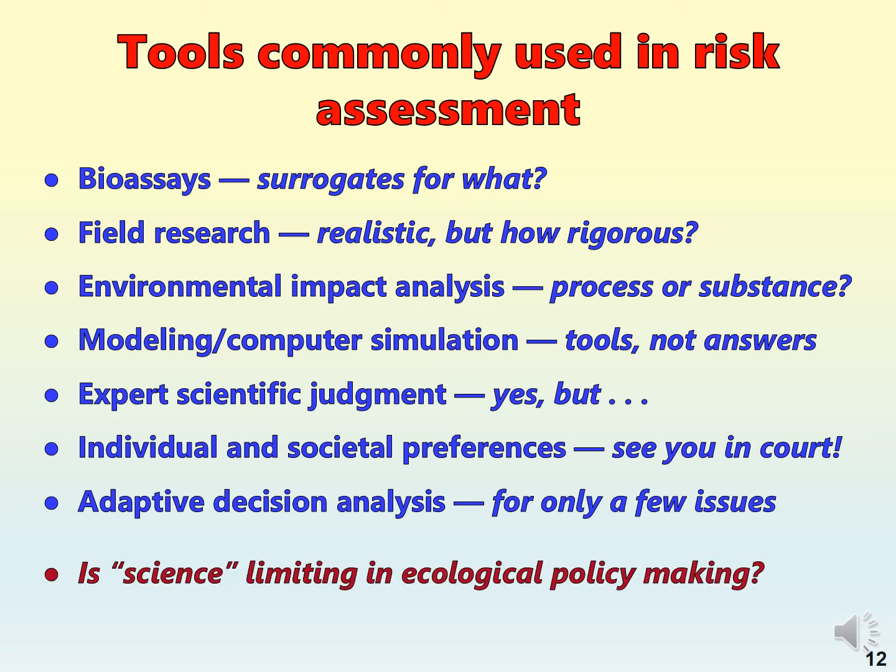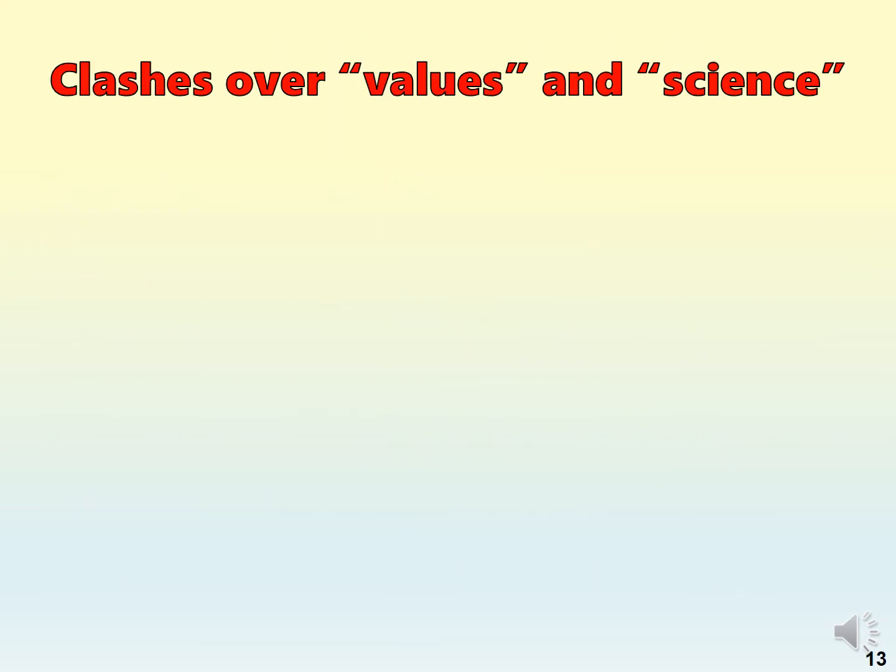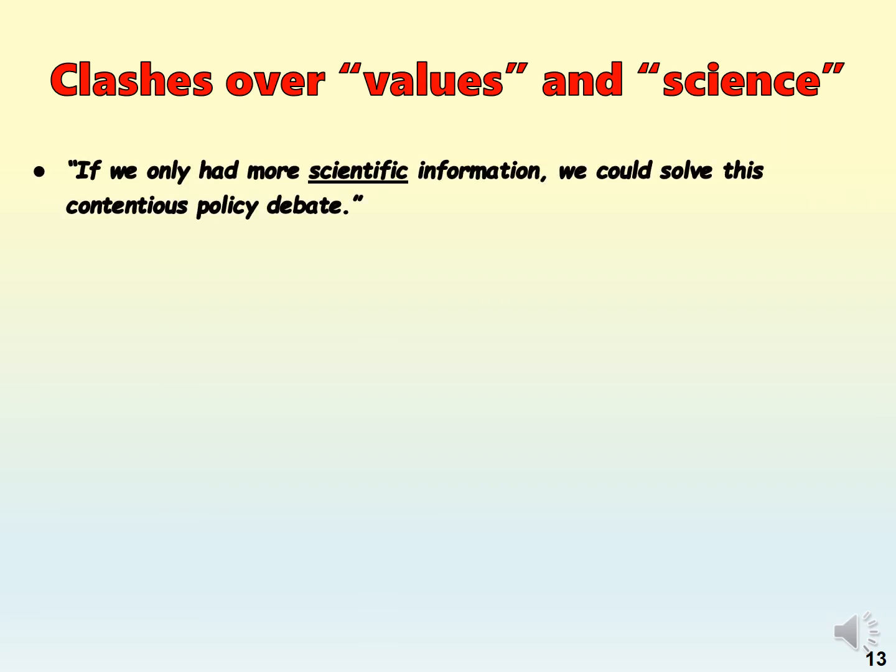Well, in fact, let's get to the core of this issue. Is science itself, scientific information, really limiting in ecological policymaking? We've talked about it a lot here today, but is it really that critical in many of these case studies? It's really, I think, an issue of clashes over values and science. And you hear things like this: if we only had more scientific information, we could solve this contentious policy debate.